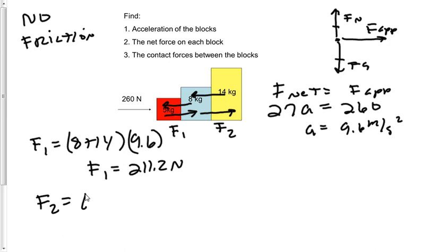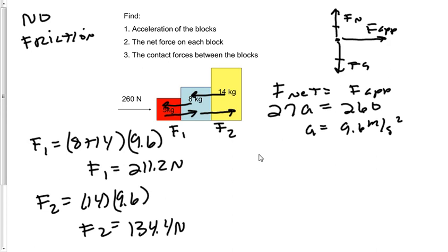So then we'll say 14 times 9.6, and force 2 is going to equal 134.4 newtons. Now again, these are equal and opposite reactions. So that means the 5 kilogram block pushes the 8 kilogram block with 211.2 newtons of force, and that comes right back at the 5 kilogram.